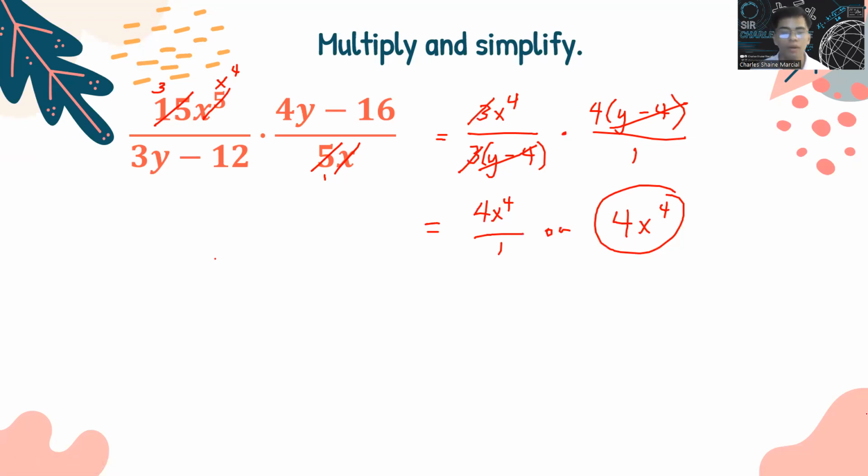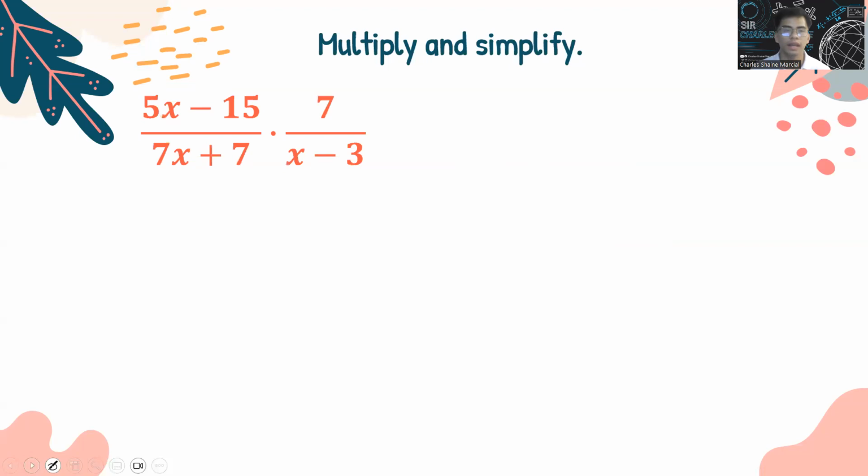Okay, now let's proceed sa next example. Pwede nating i-factor yung dalawa. 5x minus 15, i-factor out natin yung 5 times the quantity of x minus 3. Bakit 3? Kasi 5 times negative 3 is negative 15. And also, 7 times the quantity of x plus 1.